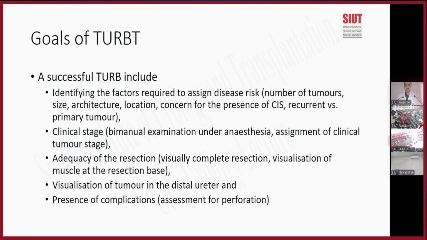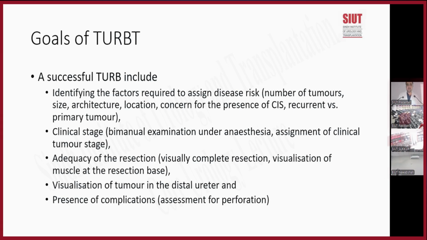The goals of a successful TURBT include identifying the factors required to assign the disease risk: number of tumors, location, size, architecture, and concern for the presence of CIS, recurrence versus primary tumor.